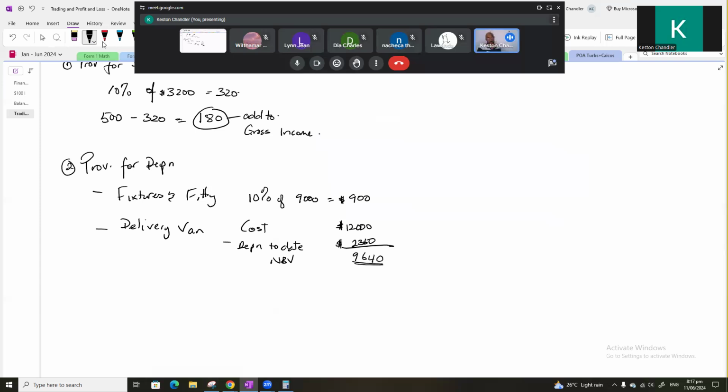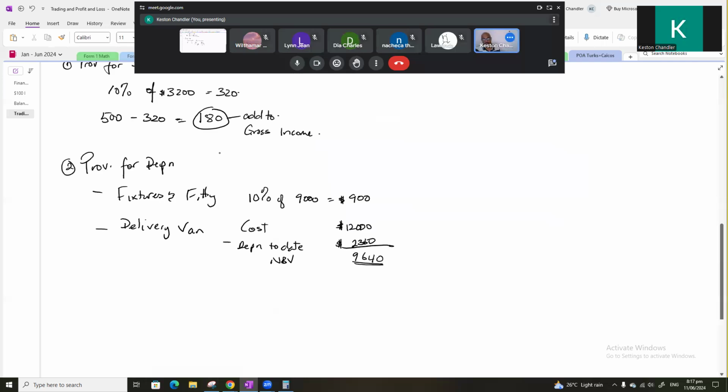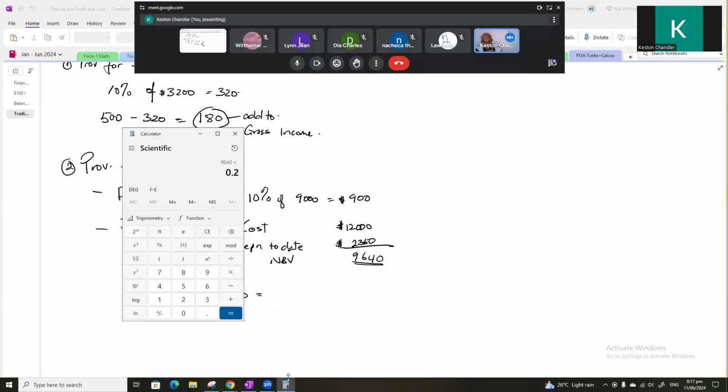So I have to find 20% of that to get my depreciation for the van. And so multiply by 0.2, 1,928.